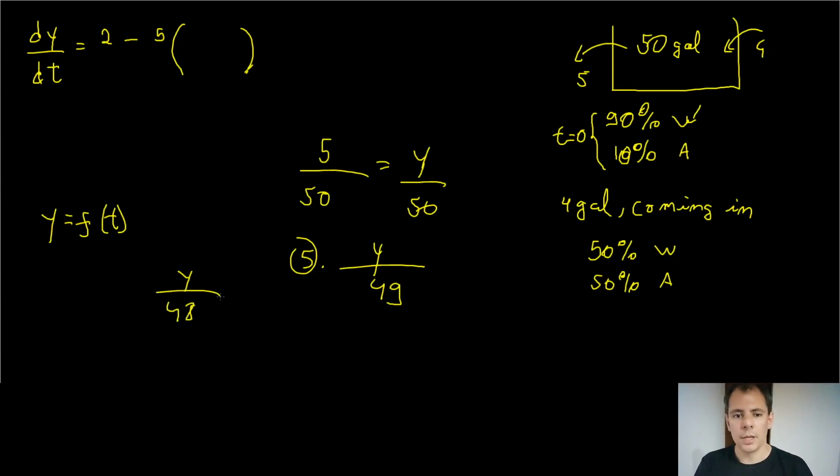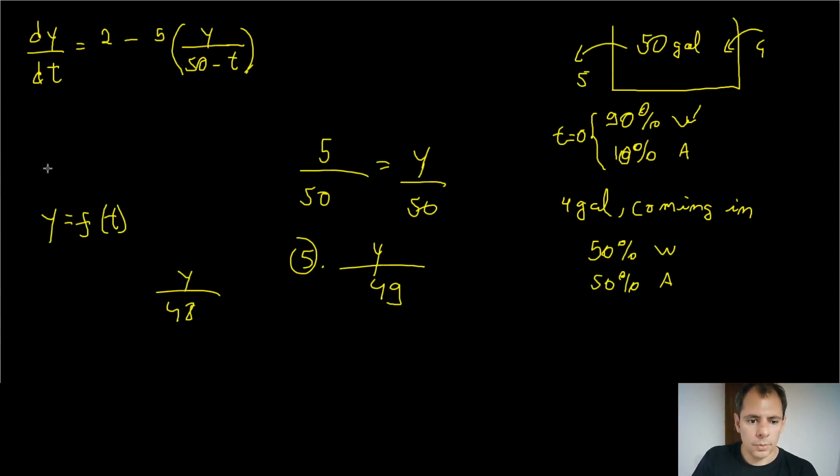So you see that the denominator is going down by the minute, and the numerator is always the amount of alcohol that you have in the solution. So this is going to be y divided by 50 minus t. Okay, that is the stuff. And that's it.